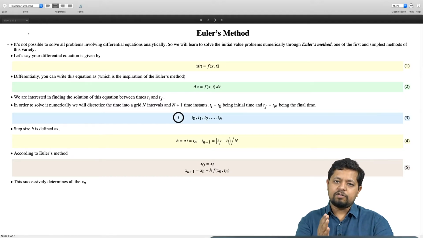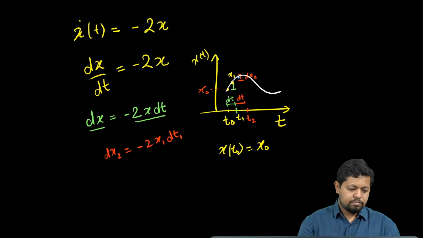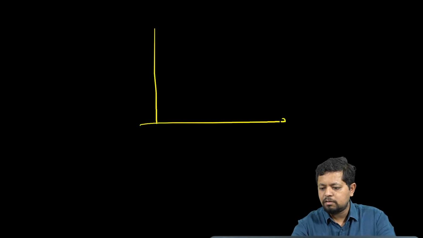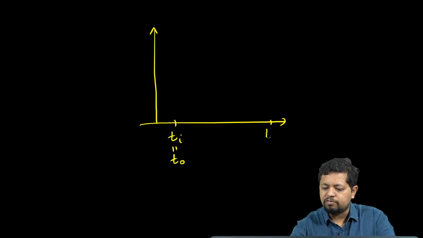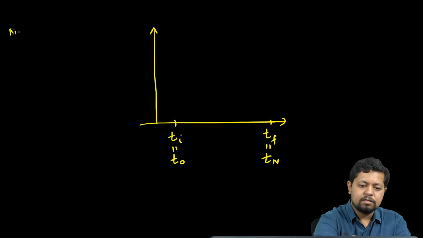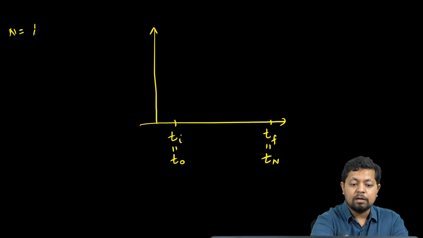Suppose we want to solve a differential equation from time t0 to tf, or some t initial to t final. This is t initial, which I will also call t0, and this is t final, which I also call tn, where n is the number of time intervals in which I want to do the calculation.